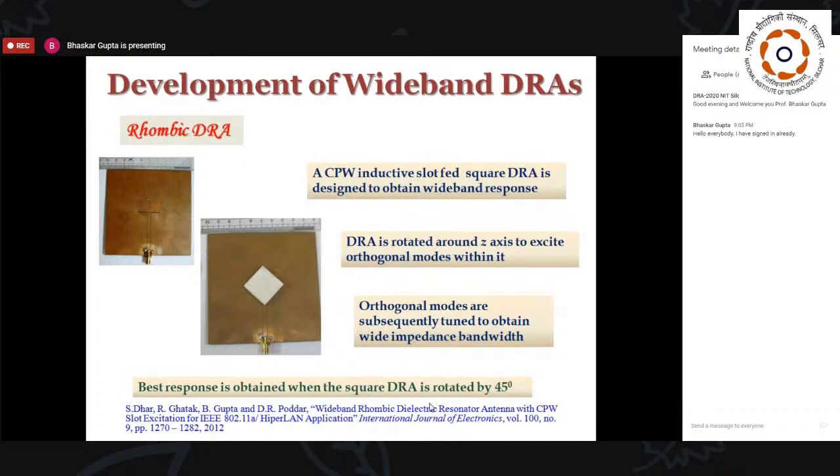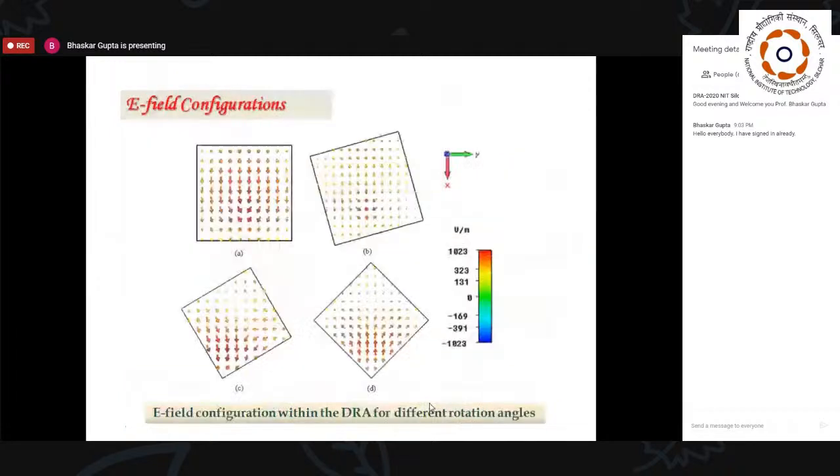Then we subsequently tune those orthogonal modes, so that, as I told you at the very beginning, the fundamental principle of getting a wide bandwidth is to merge closely spaced modes. So if these orthogonal modes can be tuned properly, we can get wide enough bandwidth. The work was done and published in the reference shown below in International Journal of Electronics.